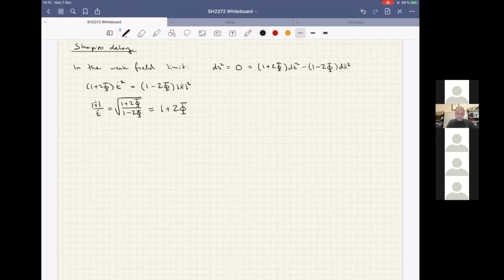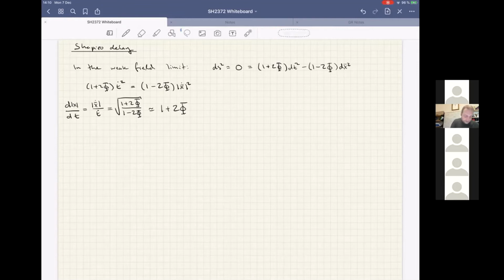This is actually now equal to the change in the coordinate distance per change in coordinate time. That's just by the chain rule.